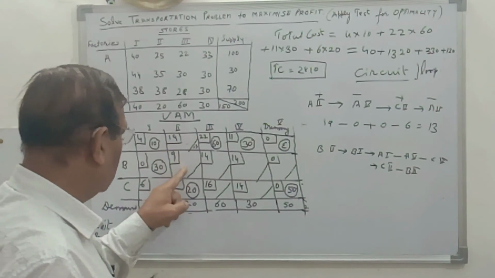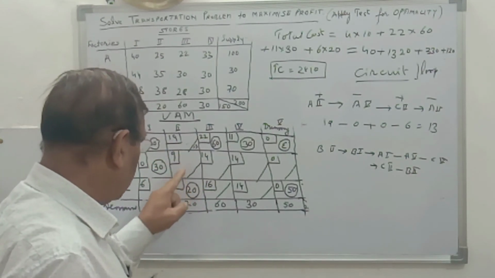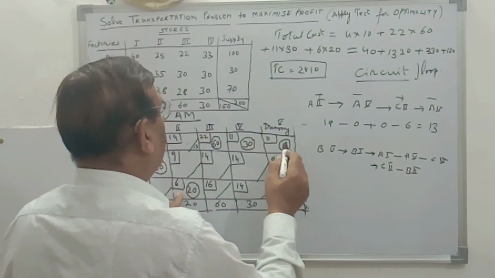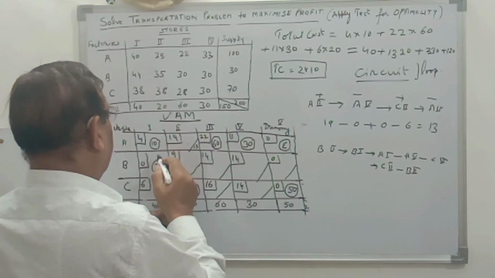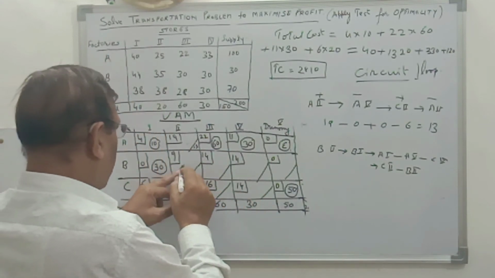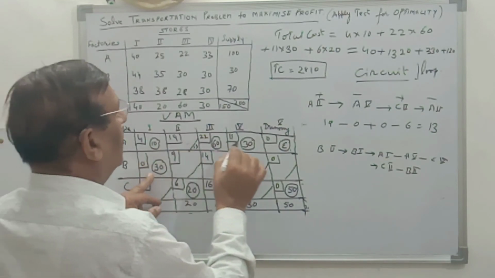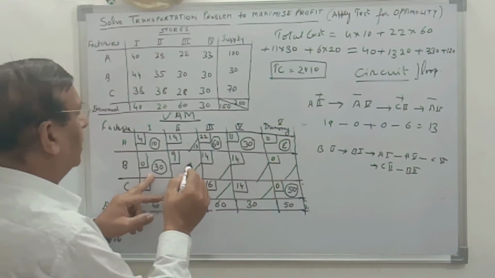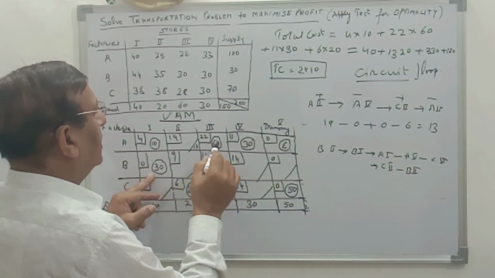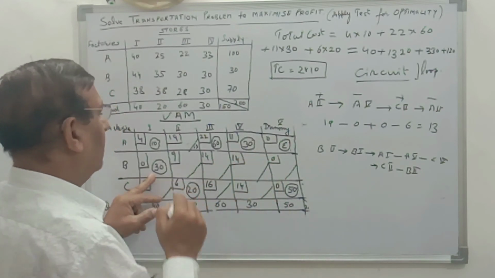From this to this, again from this to this, then from this to this, from here to here. So there are two ways. One is from here to here, this to this. You can identify the route. From 9 to 0, 4, then from 0, again 0, it is 6, then 9.